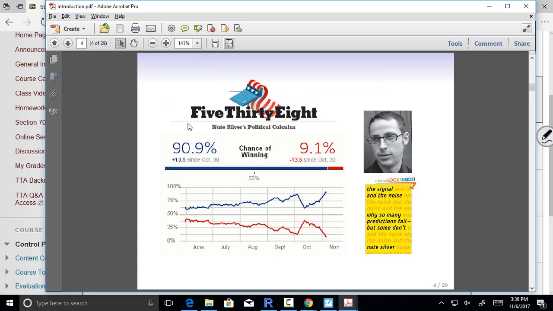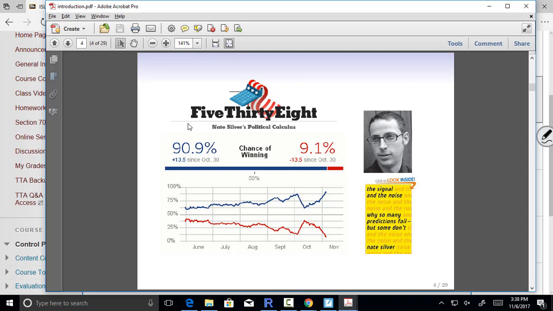You guys have heard of 538, Nate Silver. I know a lot of you heard of Nate Silver because he was here last year in this room. He came, visited Texas A&M, and met with a bunch of people on campus. He wanted to meet with the statistics group, and so we got to interview him. He's got this book, The Signal and the Noise, why so many predictions fail but some don't.